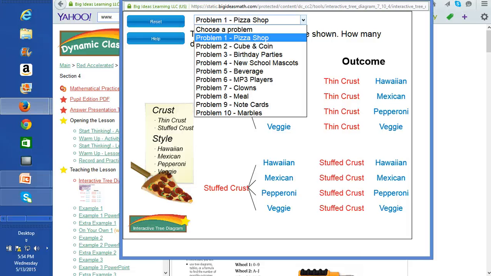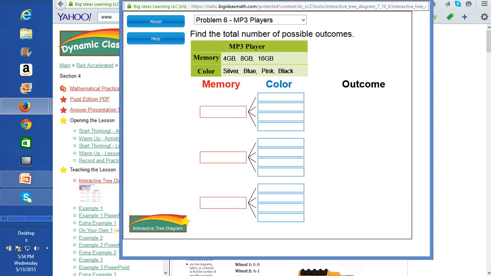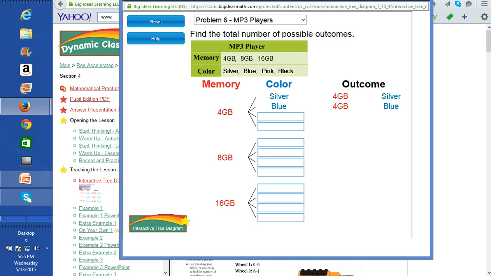Okay, so let's try another one. Let's try, what's this, MP3 players. Okay, so I could get a 4 gig, an 8 gig, or a 16 gig, and then in different colors. So this would be the different combinations. So I could have silver, blue, pink, black.